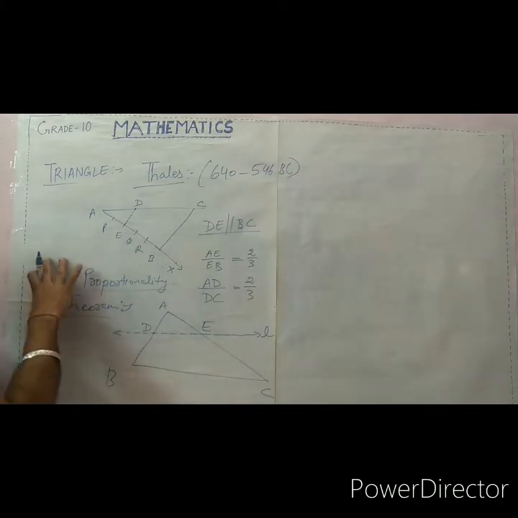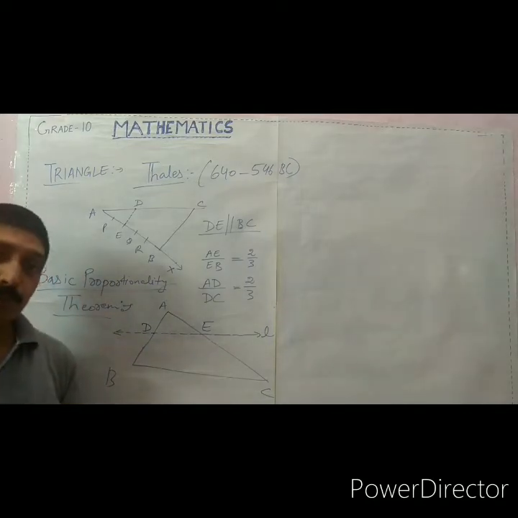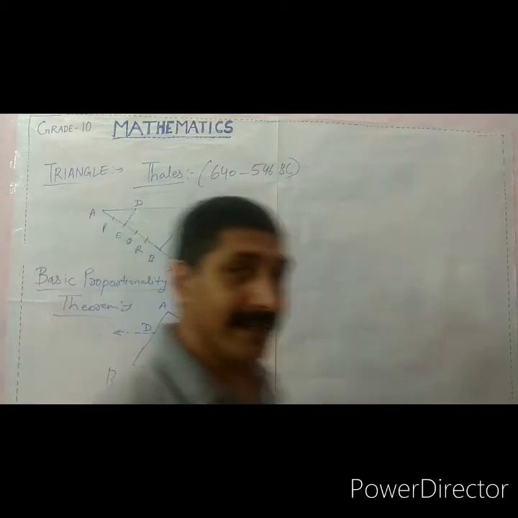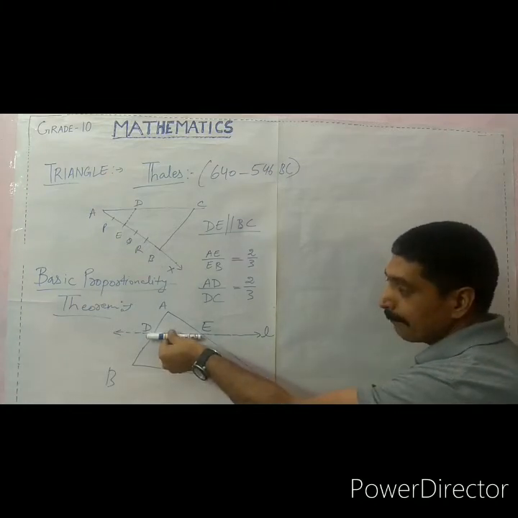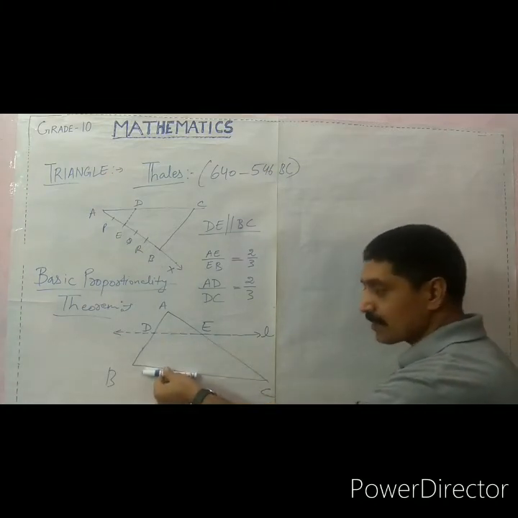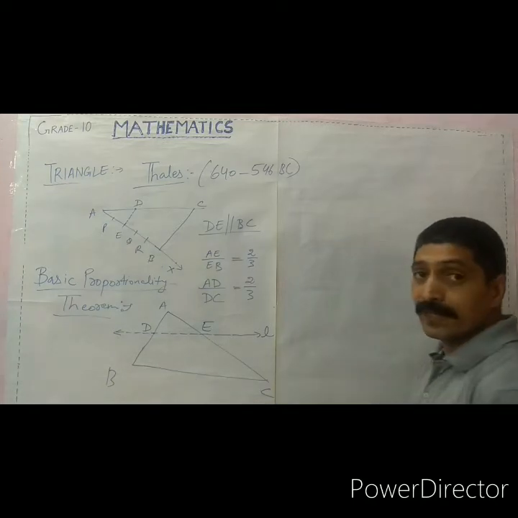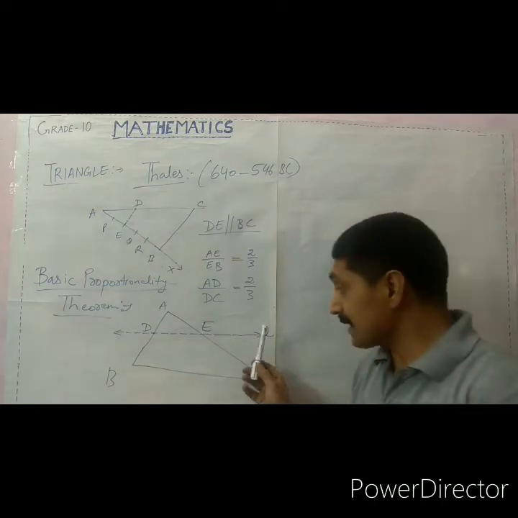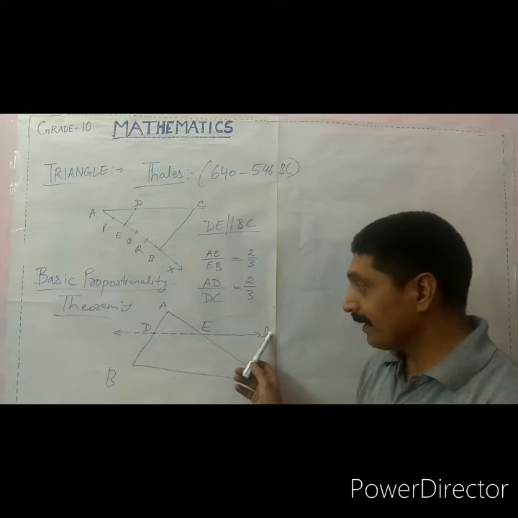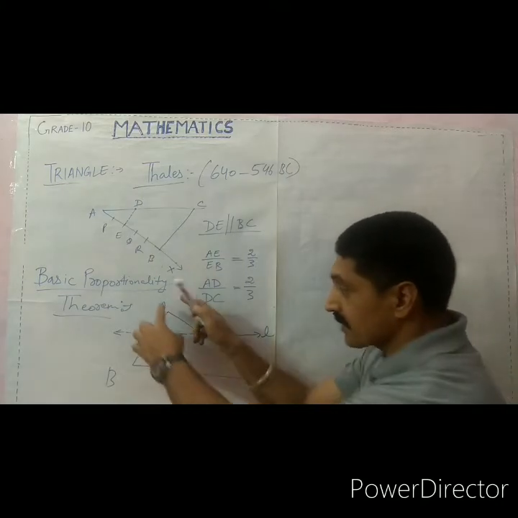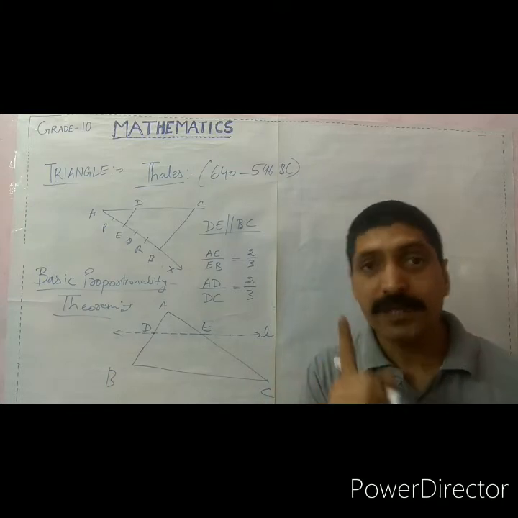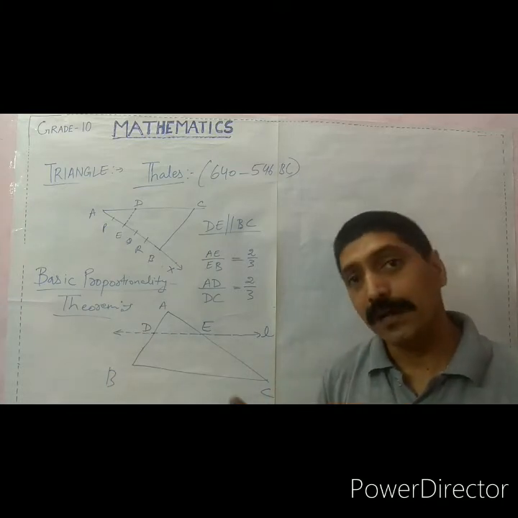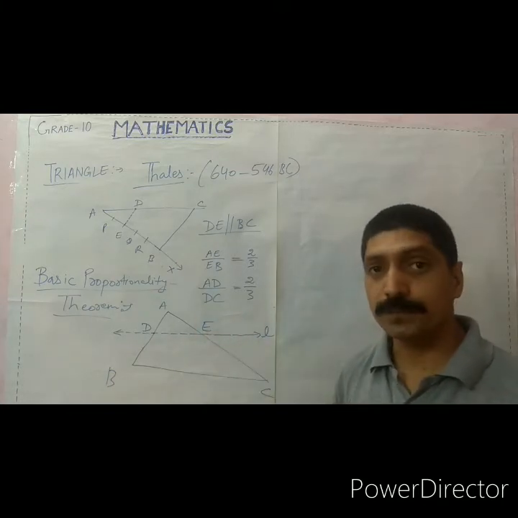So what is the definition of the basic proportionality theorem? It says that if any line is drawn parallel to any one side of a triangle, then this line L divides the other two sides in the same ratio, or they are always in the same proportion.